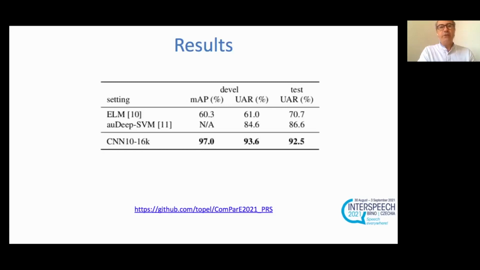The best results we obtained was a standard CNN with 10 blocks, achieving 97% mean average precision and 93.6% unweighted average recall on the development set. And it generalized pretty well on the test set too.